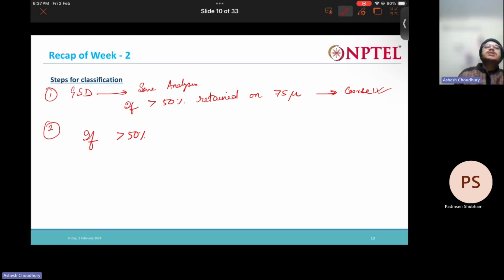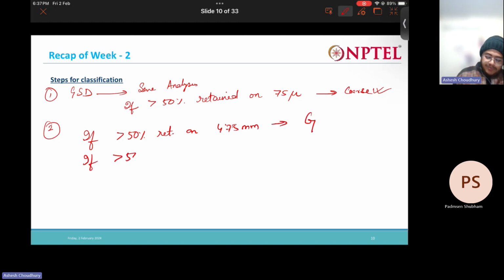First, we have identified that more than 50% is retained on 75 micron sieve. Correct? So from this, you can say that the soil is coarse soil. Now, what type of coarse? Either it is sand or it is gravel. How can we know? If more than 50% is retained on 4.75 mm, then that is gravel.